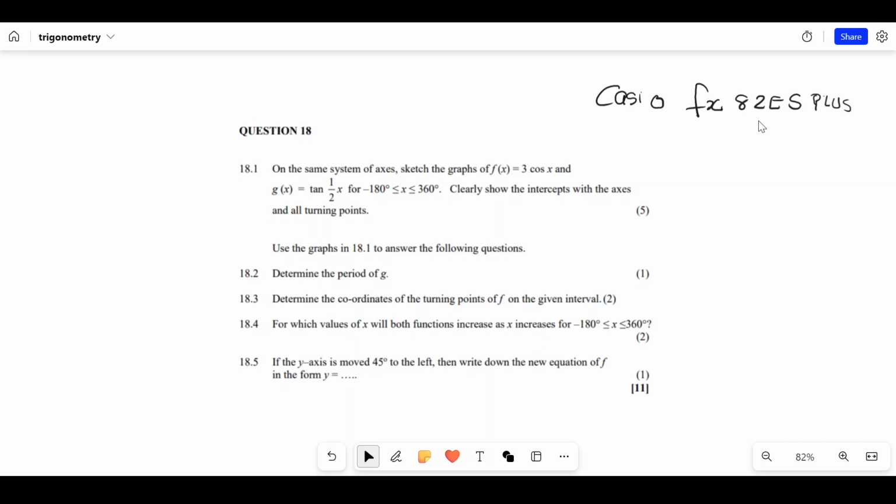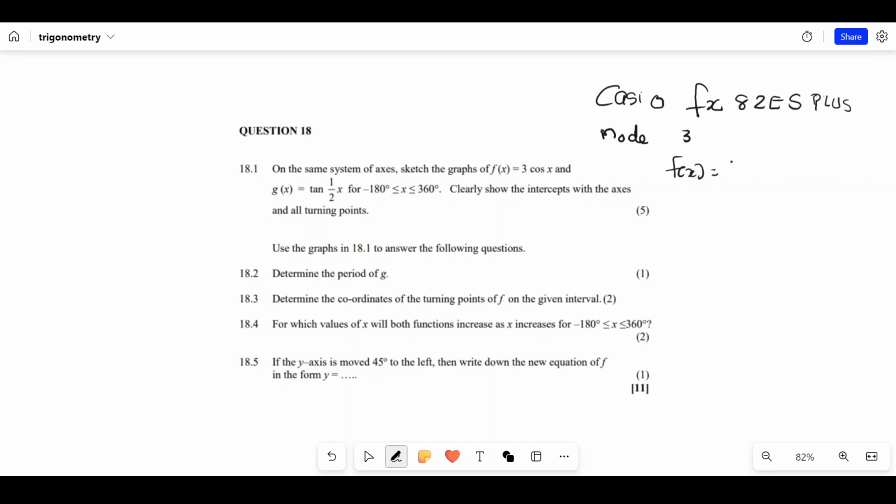First you turn on the calculator and you go to mode, choose 3 for table, then the calculator will show you f(x) equal to.